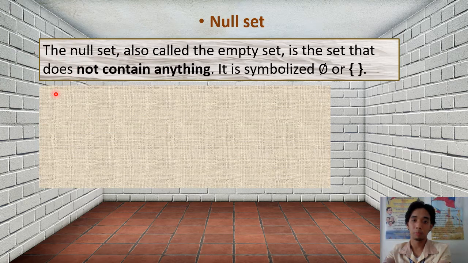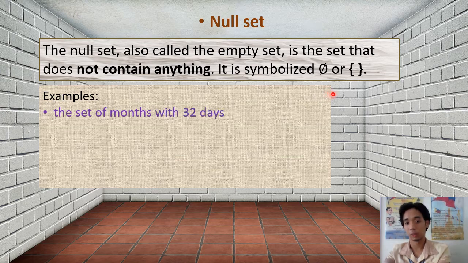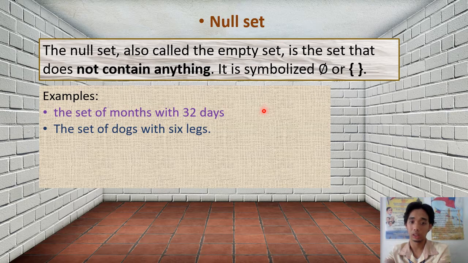So example for null set, or the set that has no element. Example for this is the set of months with 32 days. So wala naman months na 32 days. So sagot dito, 0, no element. Null set. The set of dogs with 6 legs. Wala naman asong may 6 legs. So null din.